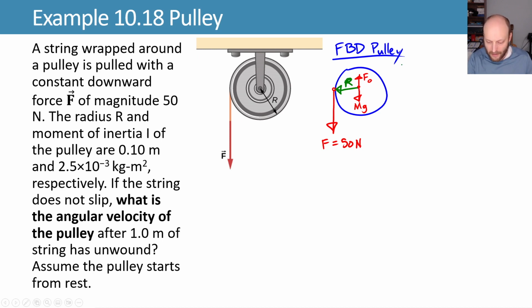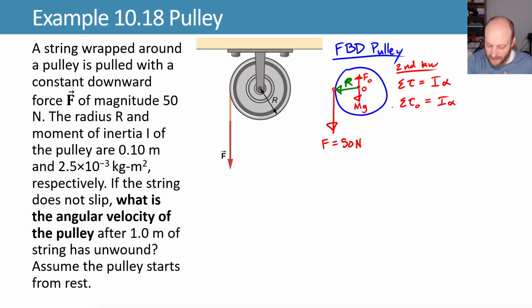Applying Newton's second law, we can say that the sum of our torques is equal to I alpha. Here, when we sum our torques, we have to choose a point to sum them about. If I sum them about the central point, O, then the weight of the pulley and the normal force acting on there don't have any lever arm, so they don't exert any torque.